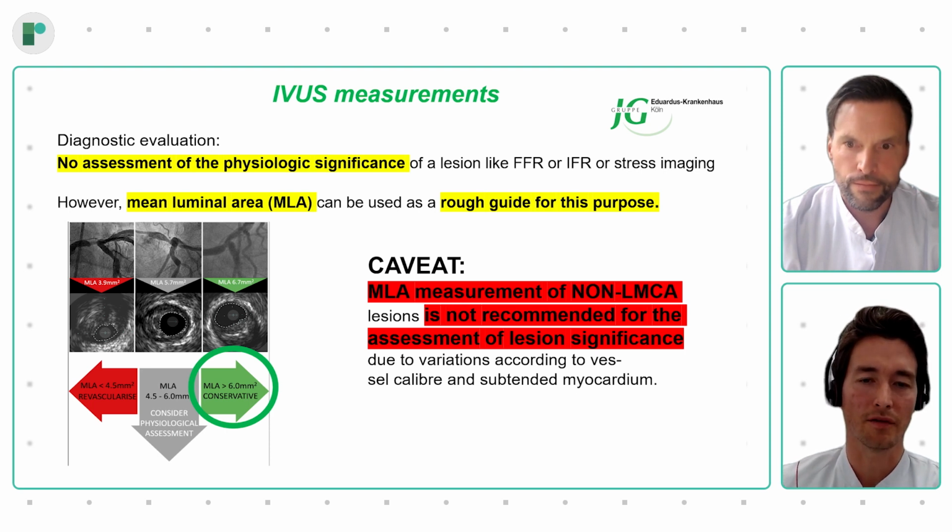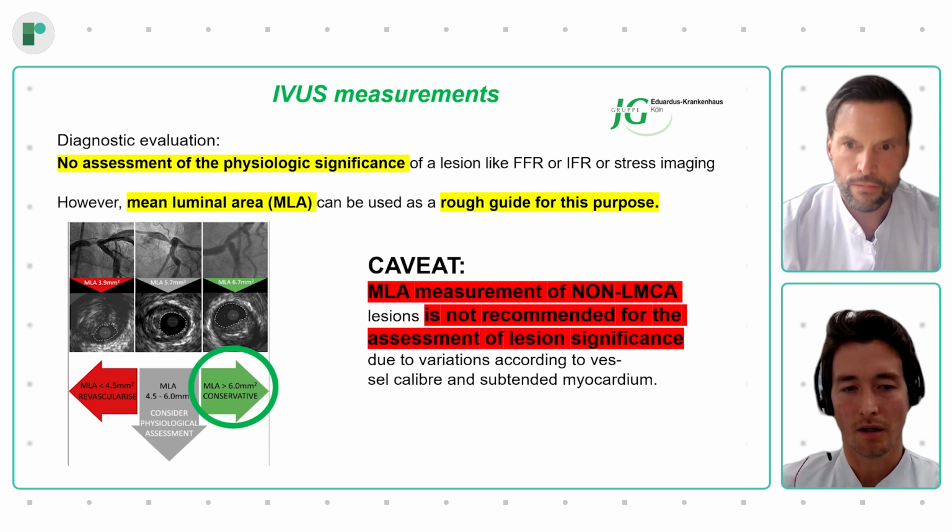According to the findings of the LITRO trial, you can really rely on an MLA in the left main artery at a minimum area of 6.0.